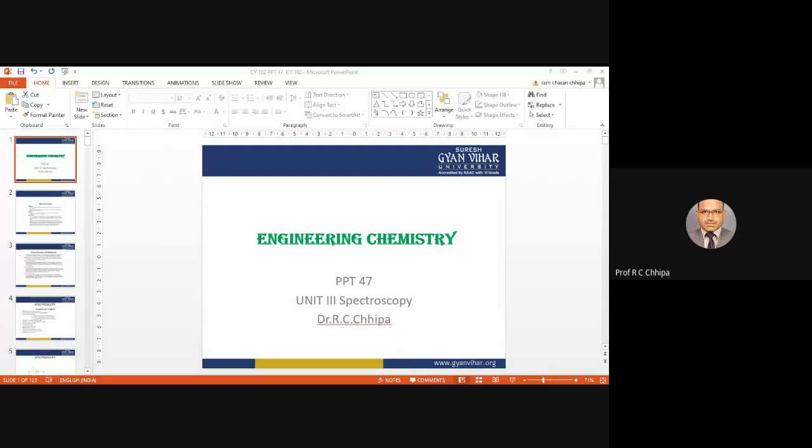Another is quantitative analysis: how much amount of that particular substance is present. For example, if we have a brass sample or different alloys, another may be stainless steel. Here, iron plus other elements, iron and its alloys, alloyed with other elements like silicon, maybe molybdenum, tungsten, carbon.